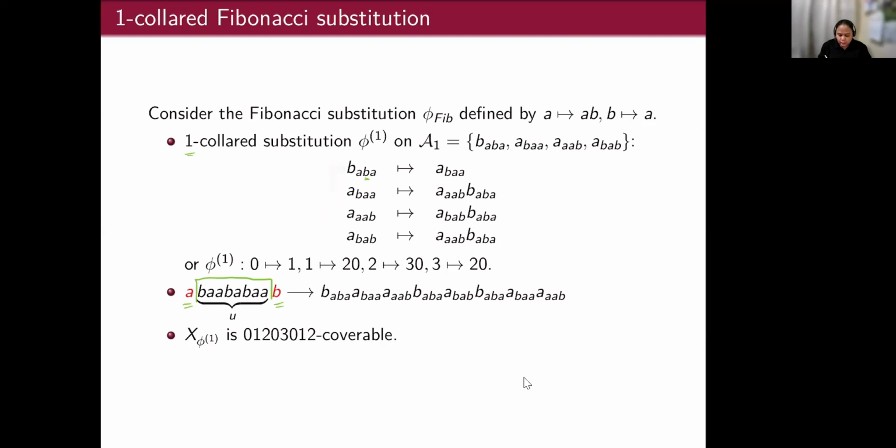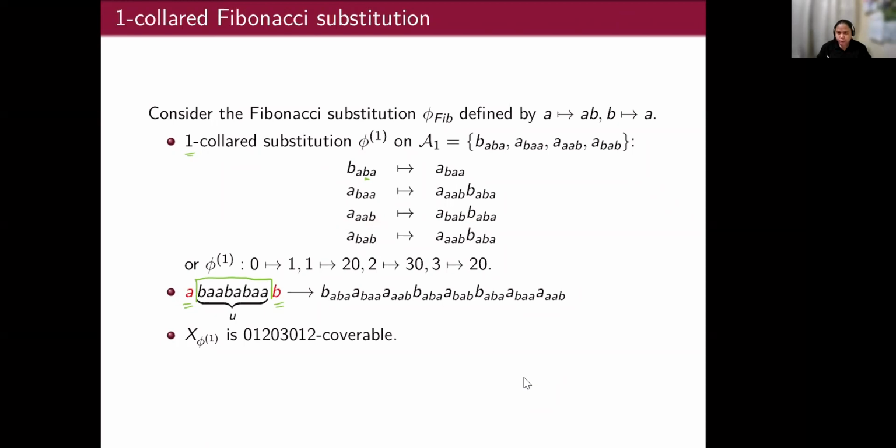So the one colored substitution induced by the Fibonacci substitution will be defined on this new alphabet. We want to take the image of the middle letters under the Fibonacci substitution. So B is mapped to A, and A is mapped to AB. And for the colors of the letters in the images, we have to take note of the left end of the right color.